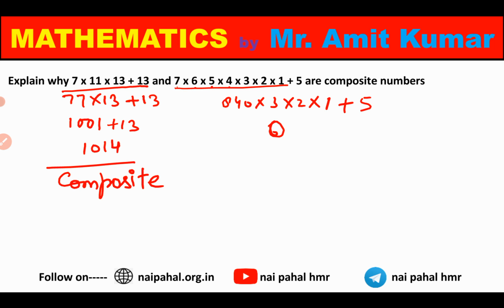Something seems to be missing. Let's check it. After getting that, we have 7 6s are 42 multiplied by 5 4s are 20 multiplied by 3 2s are 6, 1 nothing here, and 5.